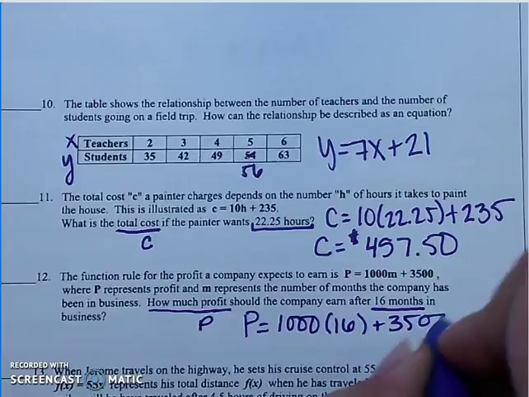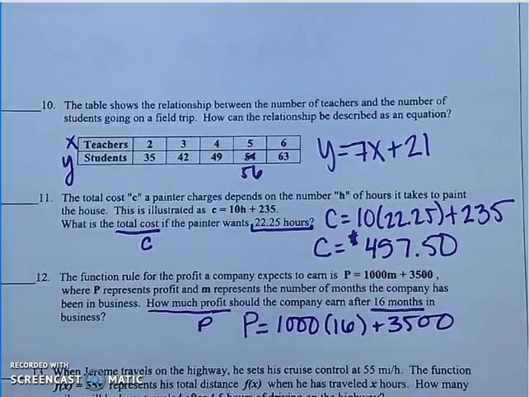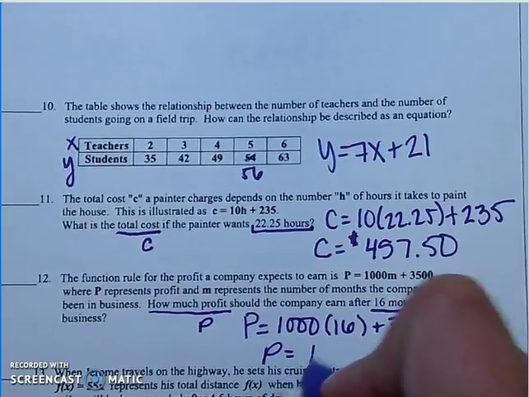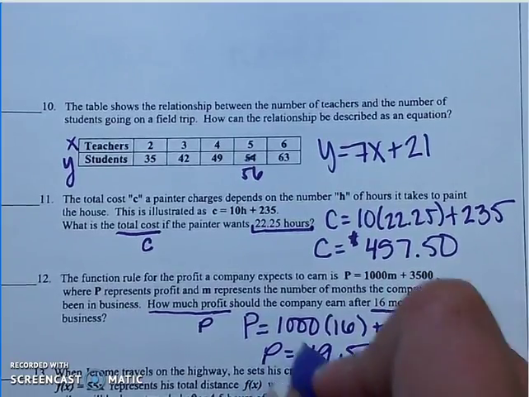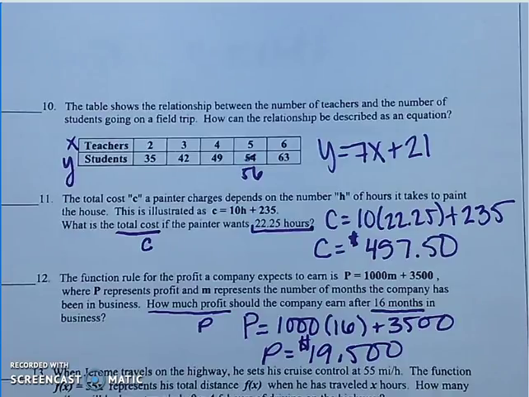Don't forget to add that initial amount of money. So 1,000 times 16 plus 3,500. Their profit for 16 months in business is $19,500. Hopefully that's not a very big company, because that wouldn't be a whole lot of money. But if it's a little side business, that works pretty good.